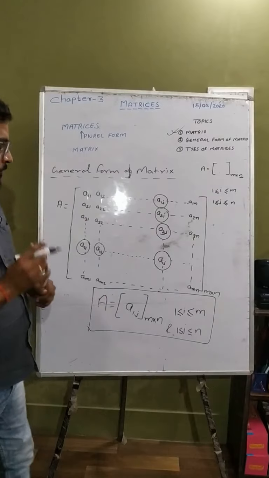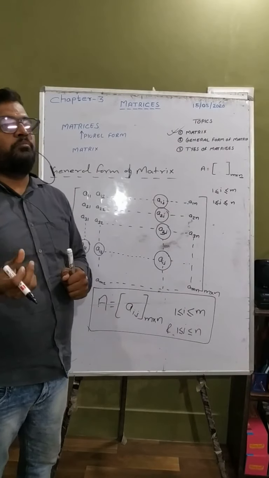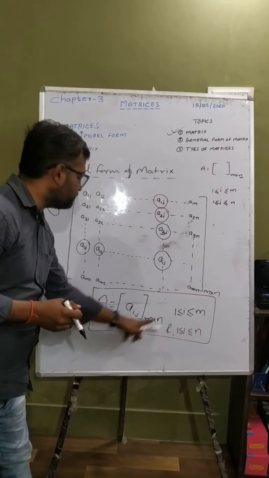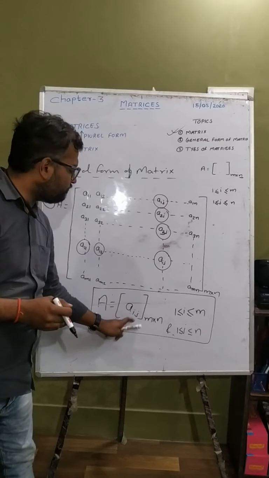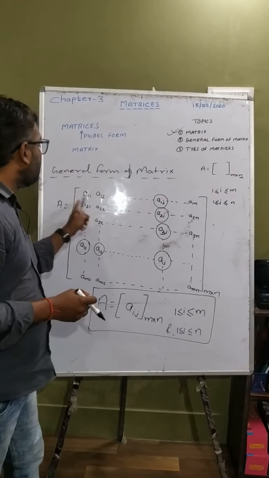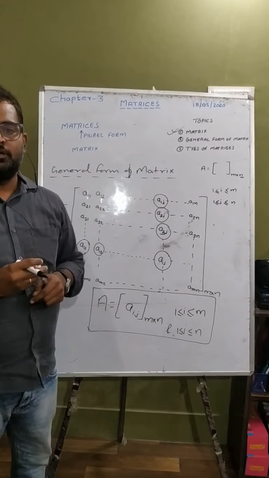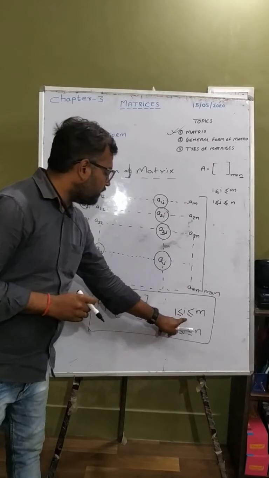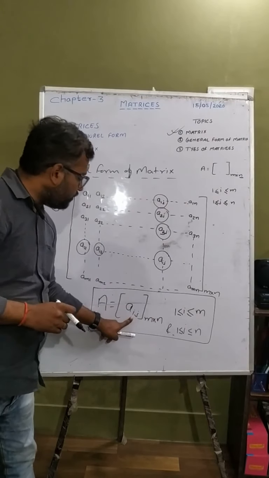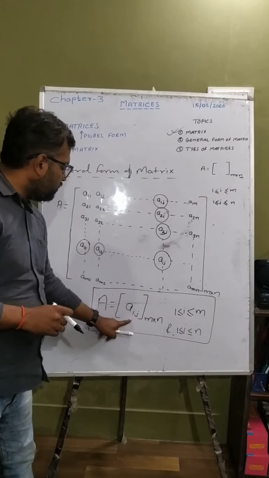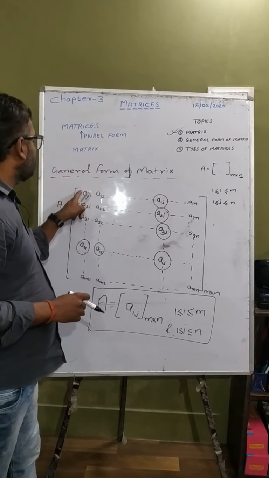Now think, I told you the general form. It means by this form we can find each and every element of the given matrix. Suppose I put I equals 1 and j equals 1, then we will get which element? A11.